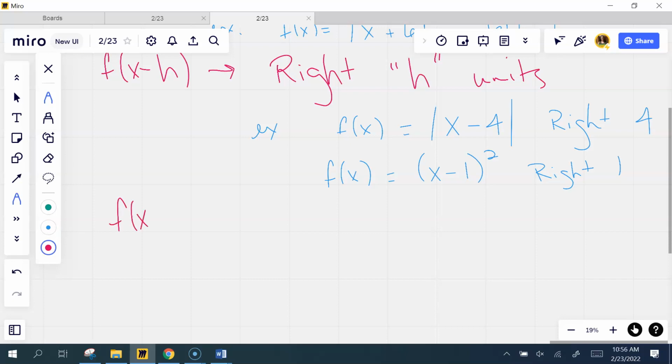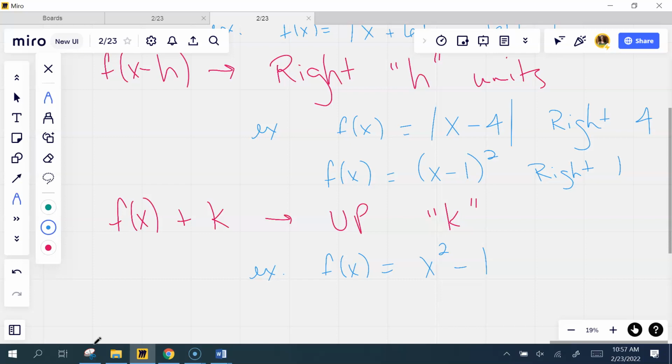How about f of x plus some value k? So in other words, the whole equation, and then on the end, you just add something to it. It moves up. You're exactly right. Up. So for example, I'm going to use this one as an example to show you the difference. Notice when it was in parentheses, it moved right.